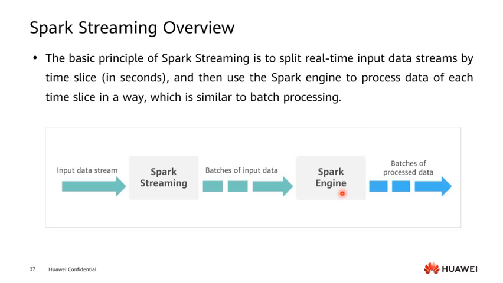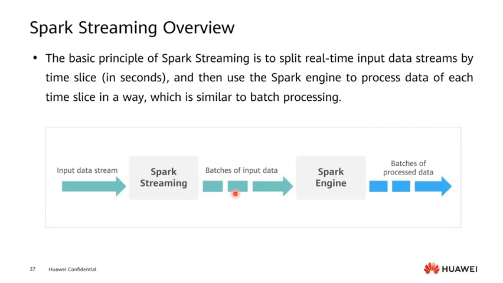Well, simply speaking, it works as a flow. Spark Streaming receives live input data streams and divides the data into batches. And then the mini batches are processed by the Spark engine to generate the final stream of results in batches as well.